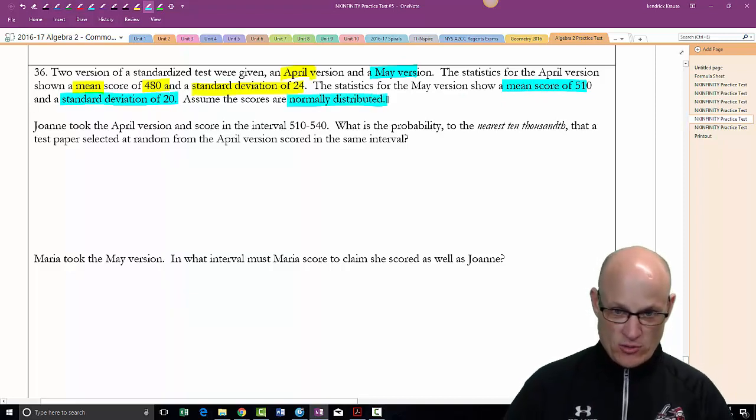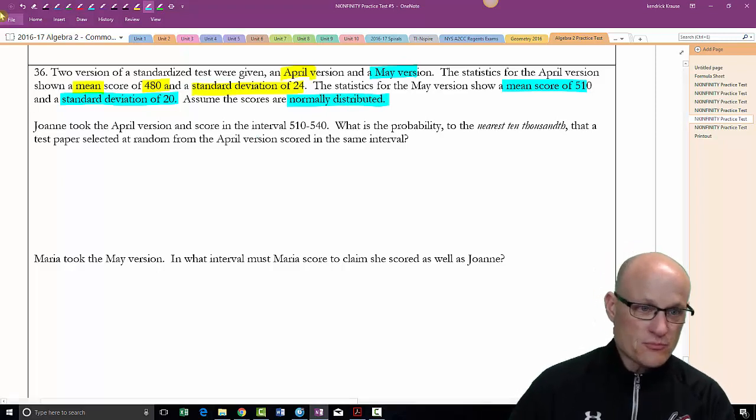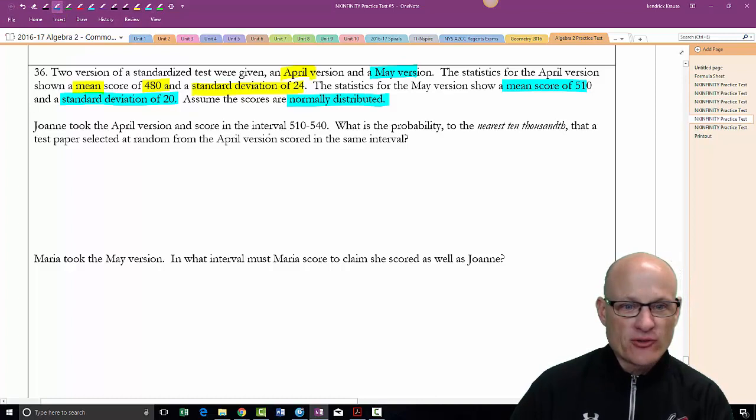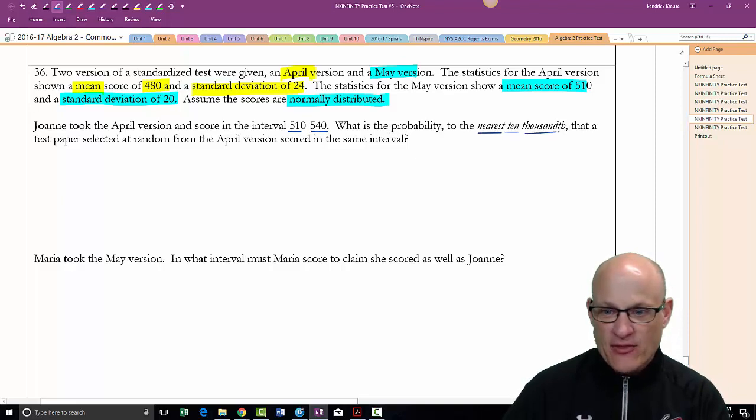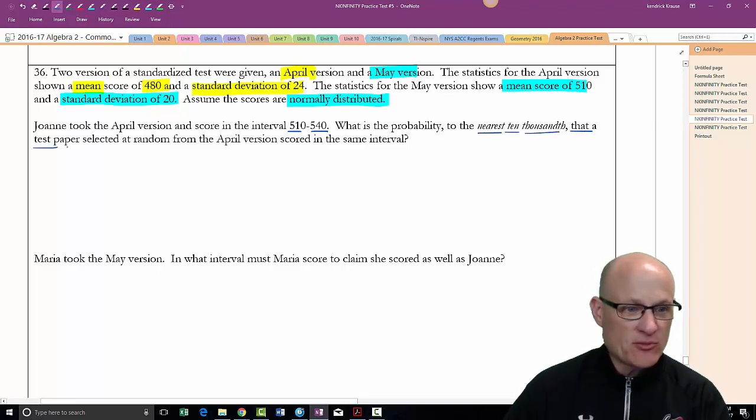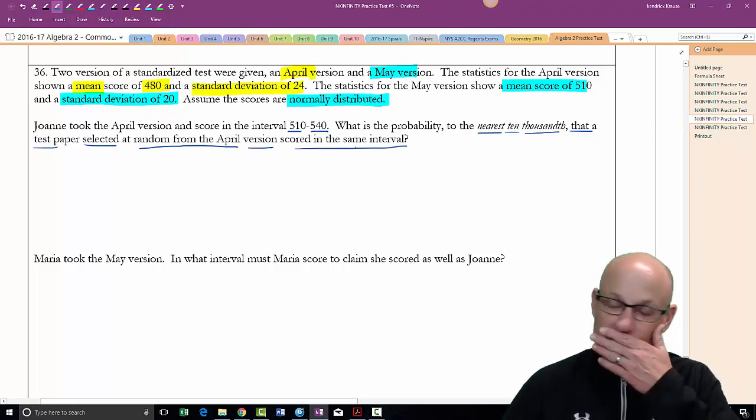Assume the scores are normally distributed. Joanne took the April version of the test and scored between 510 and 540. What is the probability, to the nearest 10 thousandths, that a test paper selected at random from the April version scored in that same interval?